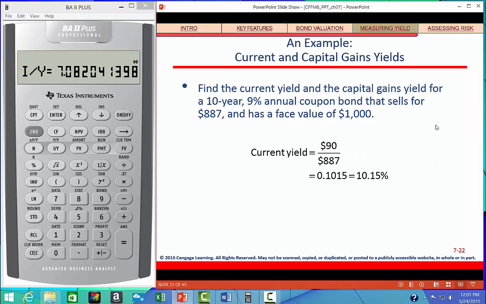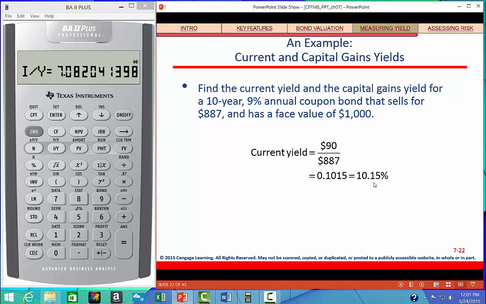So here's an example to find the current yield and the capital gains yield. If you have a 10-year 9% annual coupon bond that sells for $887 and has a face value of $1,000, first we want to know what's the current yield. Well, if it's a 9% coupon bond, then 9% times 1,000 is equal to 90. So I've got the annual coupon payment divided by the price of $887.